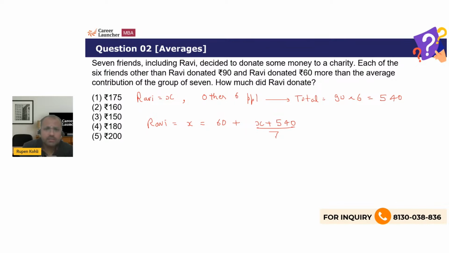That should give me the value of X, right? So just multiply with 7. 7x is therefore 7 into 60, 420 plus x plus 540. 7x minus x, which is 6x, is coming to be 960. X is coming to be 160. So that is the contribution of Ravi, 160 rupees.